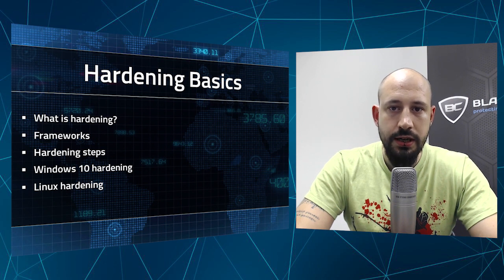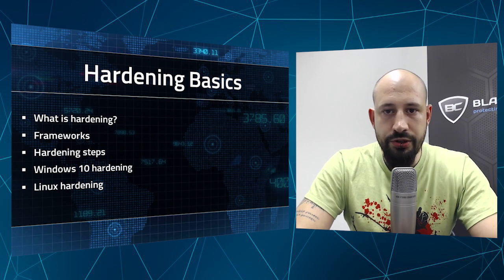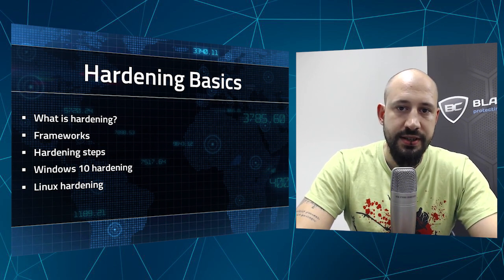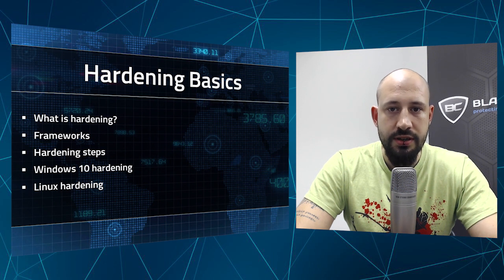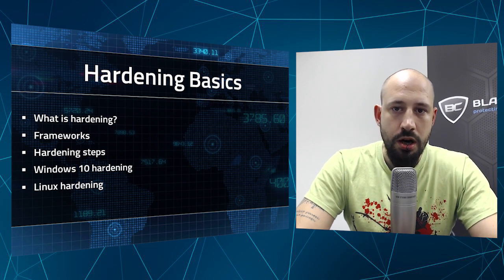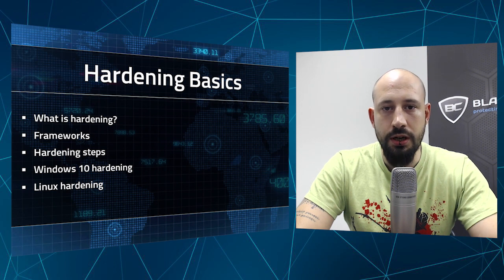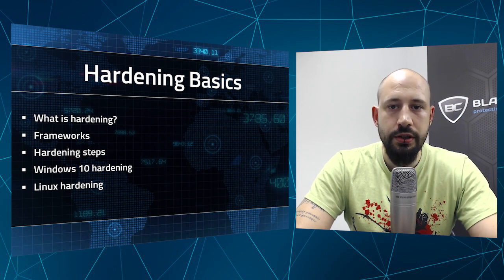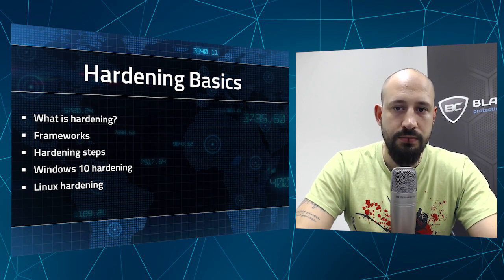On the first part, I will talk about the basics of hardening, like how to do hardening processes, hardening frameworks, etc. On the second part, I will show you how to audit a Windows system with the CIS-CAT tool. And on the third part, I will talk about how to audit the hardening on Linux systems with the Lynis audit tool.